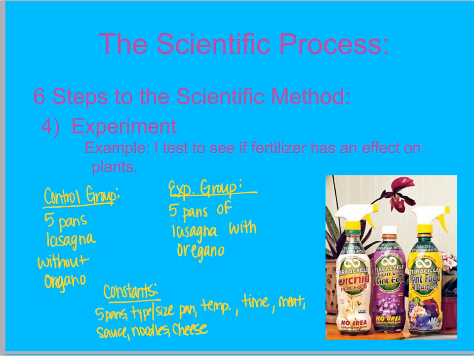So, my control group is without my special treatment. My experimental group is with my special treatment, my extra thing. The extra thing is the extra oregano that's being added to the experimental group. My constants, both groups get. Both groups get noodles, both groups get cheese, etc.